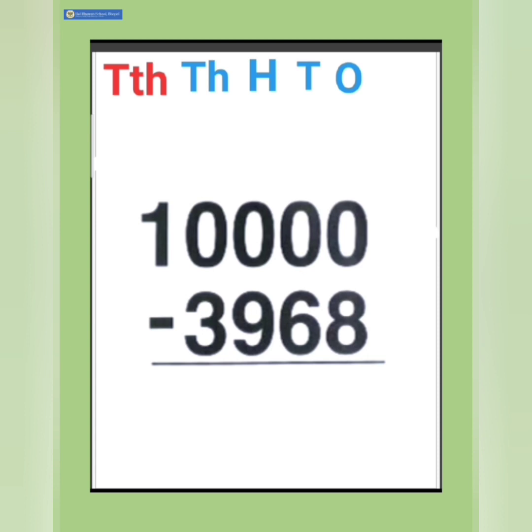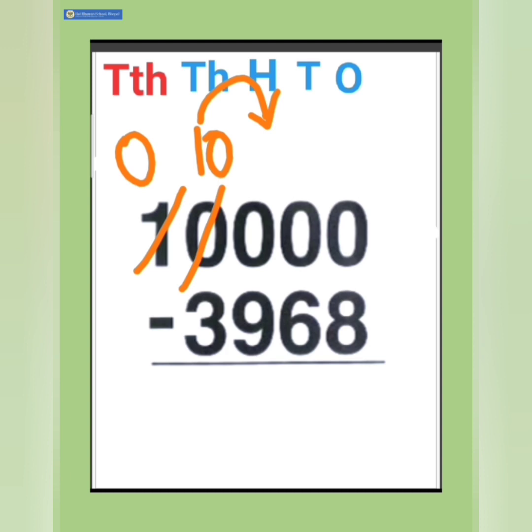1 will be reduced by 1 and becomes a 0. The number at the thousands place, or this 0, will be increased by 10. Now again this is going to lend something to the hundreds place number, which is 0 again. This will be increased by 10 and this will be reduced by 1 and becomes a 9.